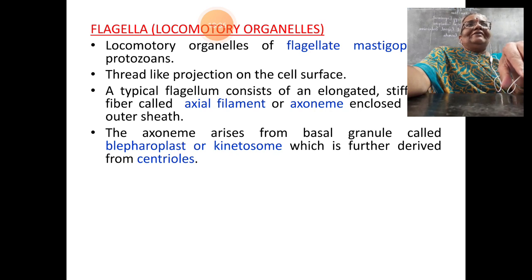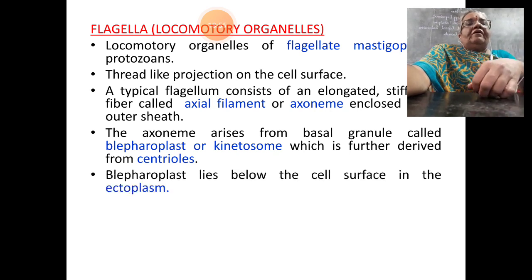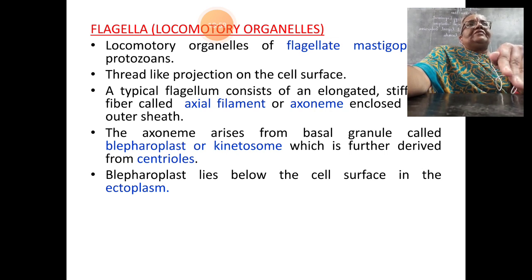You must know that in an animal cell you find centrioles, in a plant cell you find centrosomes, right. So, these centrioles give rise to the basal granule called blepharoplast or kinetosome, from which a typical flagellum arises. Okay. So, this lies below the cell surface in the ectoplasm, that is the outer protoplasmic area.